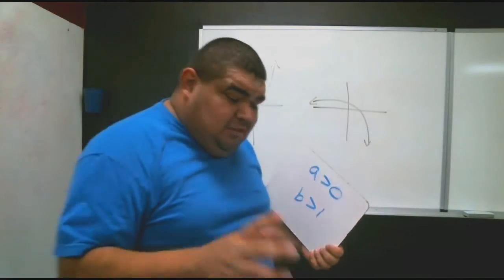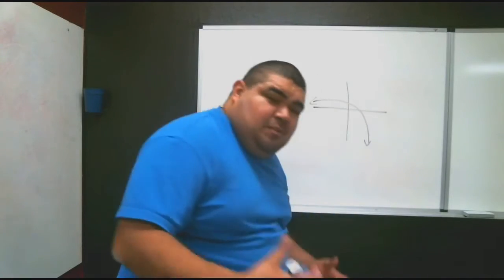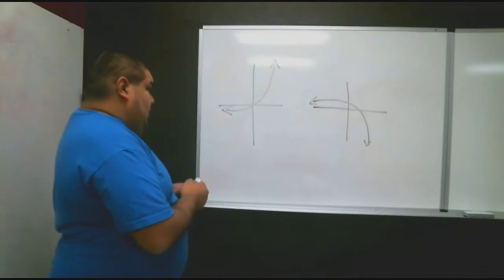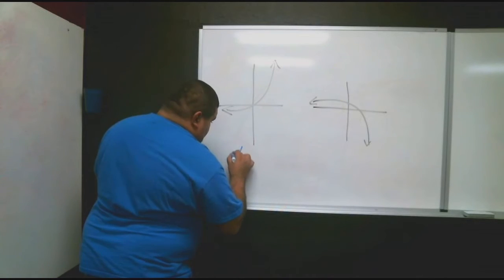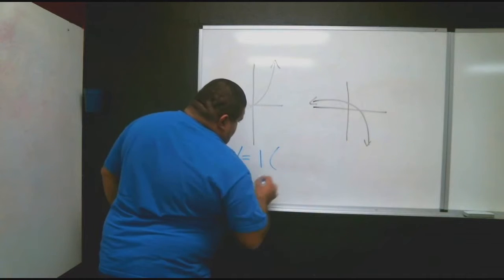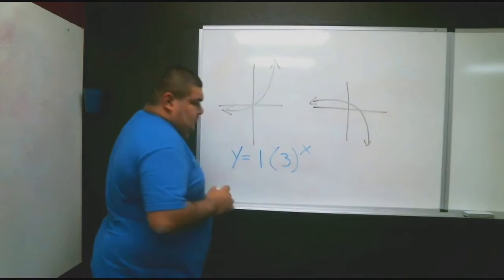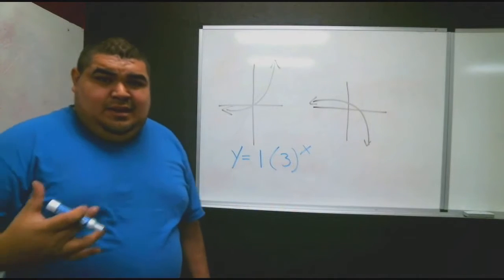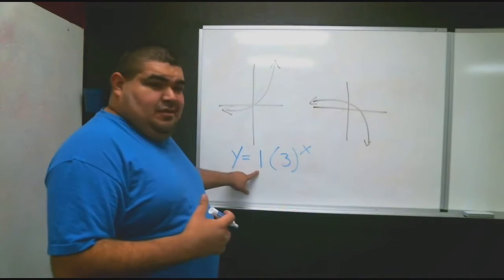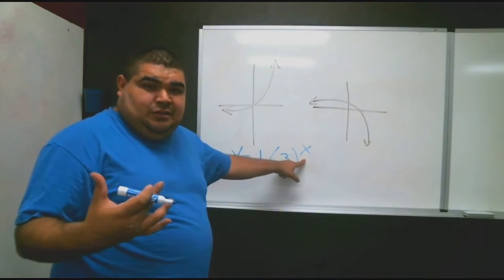So, for exponential growth, we can think of any numbers where A is bigger than 0. For example, we can say y equals 1(3)^x. Again, if we label it, we have A and B, and then x is just x in this equation.